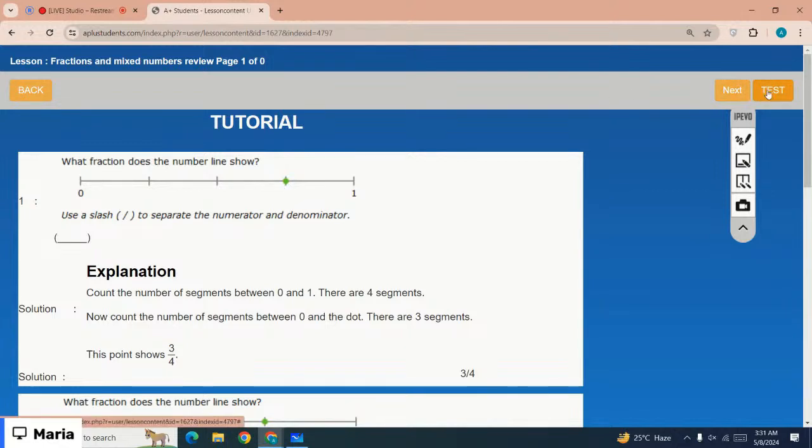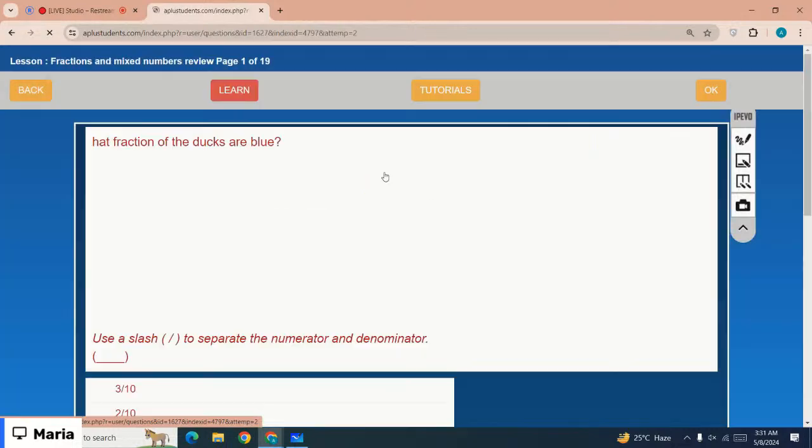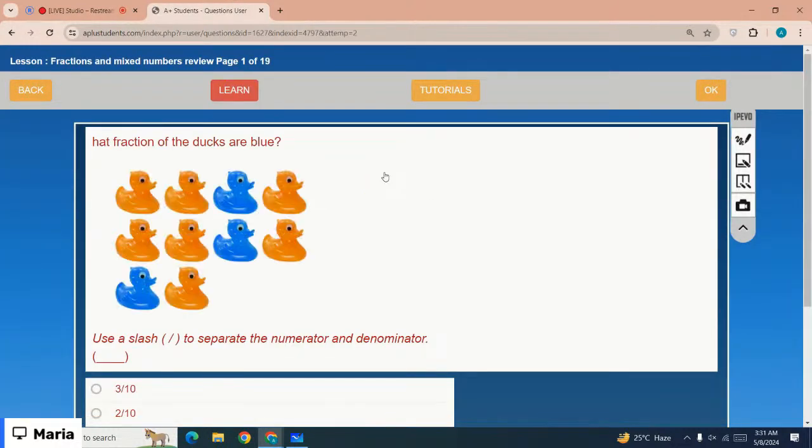Let's just start with the test questions. What fraction of the ducks are blue? Which is the correct option?